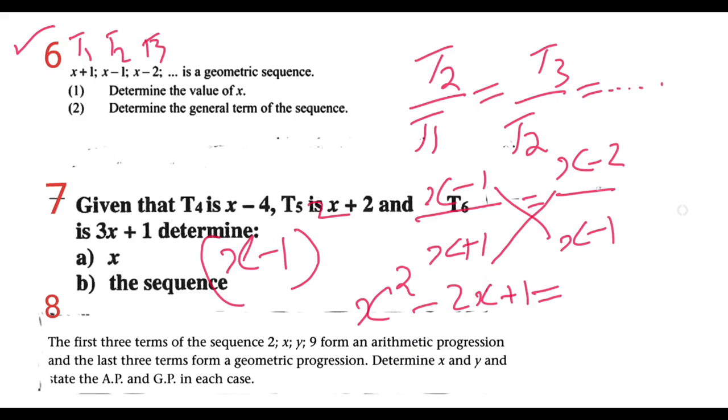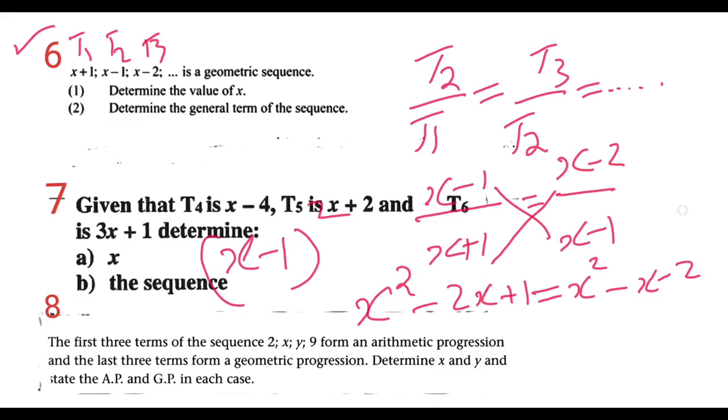Now x + 1 multiplied by x - 2, the answer is x² - x - 2. So x - 2 multiplied by x + 1, you FOIL.